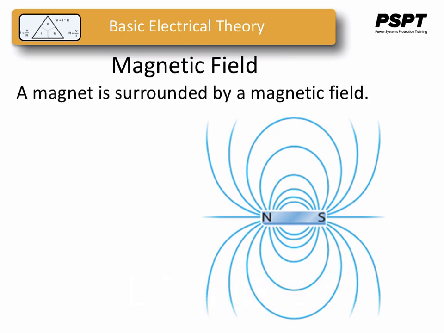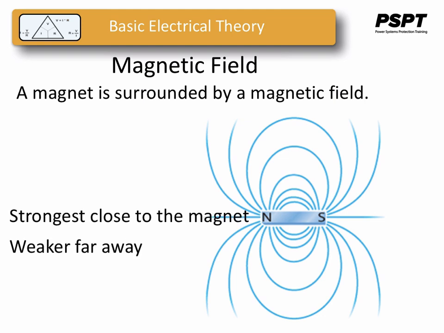A magnet is surrounded by a magnetic field. A magnetic field exerts a force on other magnets and objects that are made of metal. The magnetic field is strongest close to the magnet and weaker the farther away you get. The magnetic field can be represented by lines of force or magnetic field lines.